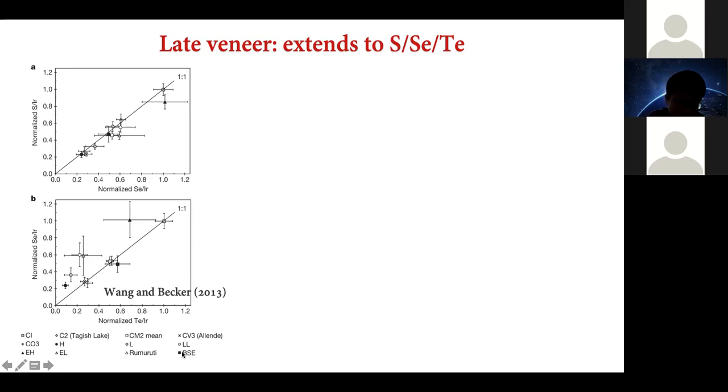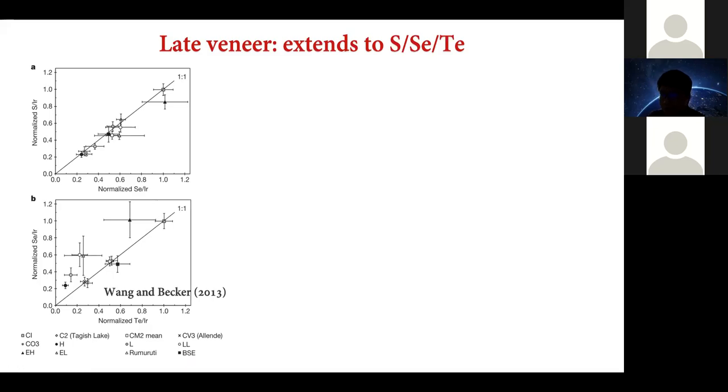Here we can see the four square points here is BSE, bulk silicate Earth, and the CM is here. We can see they have similar ratios of elements. The BSE has similar ratios of elements relative to the CM chondrites.